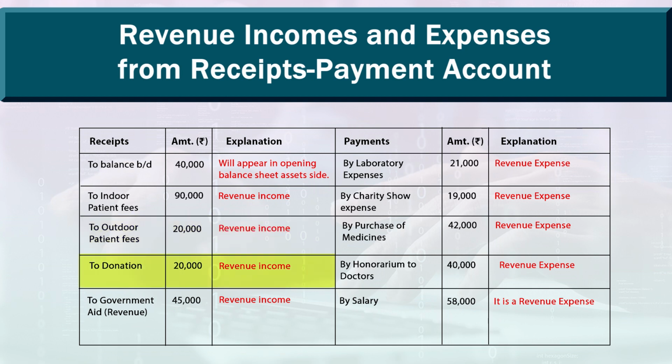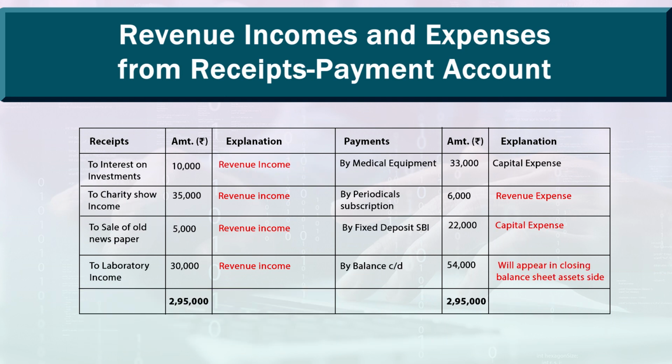The donation of rupees 20,000 is also a revenue income. Then we have the government aid, which is revenue of rupees 45,000. As given, it is considered as a revenue income. Further, we have interest on investments of rupees 10,000. It is also a revenue income.